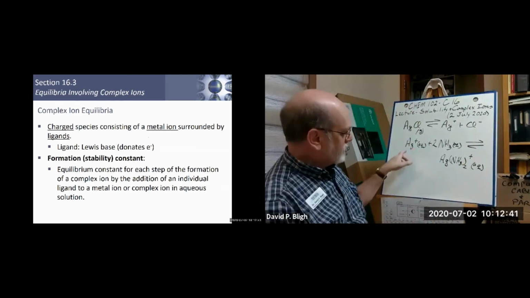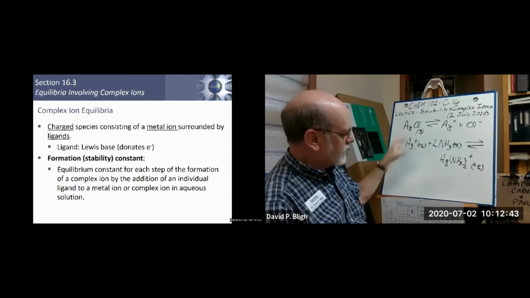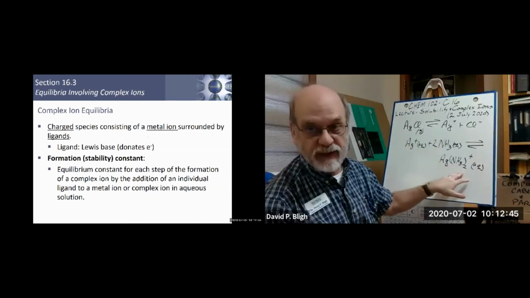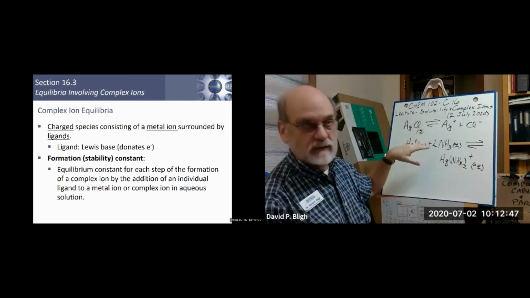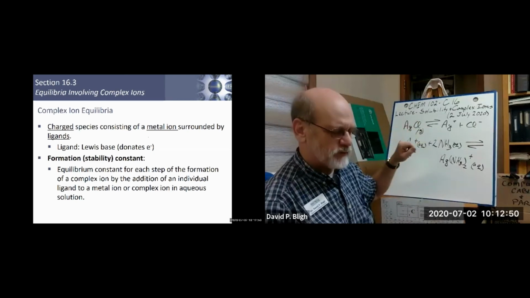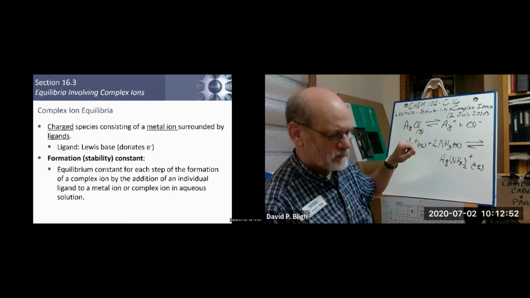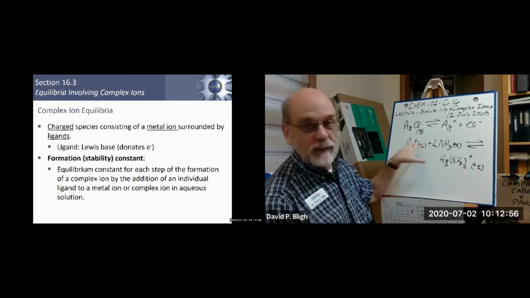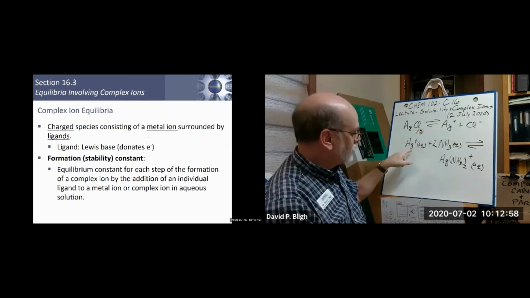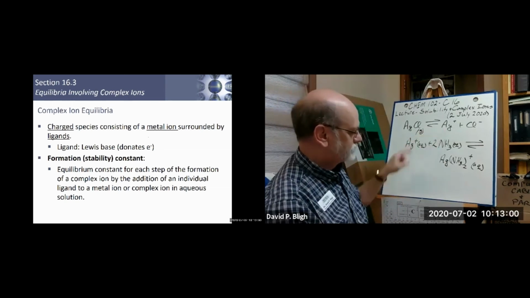All right, so what we've done is we've tied up that silver in a different soluble compound, and these are parallel, what's my word? Coupled. These are coupled reactions, and they're coupled by this common ion here.